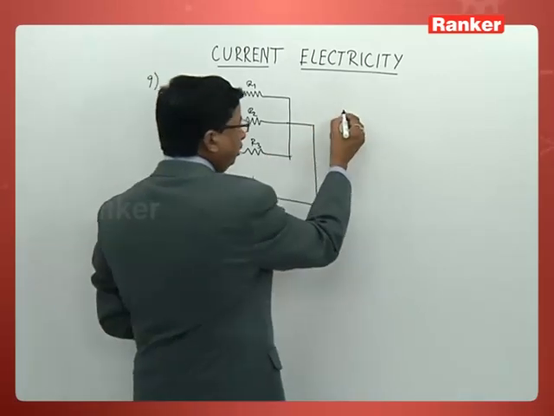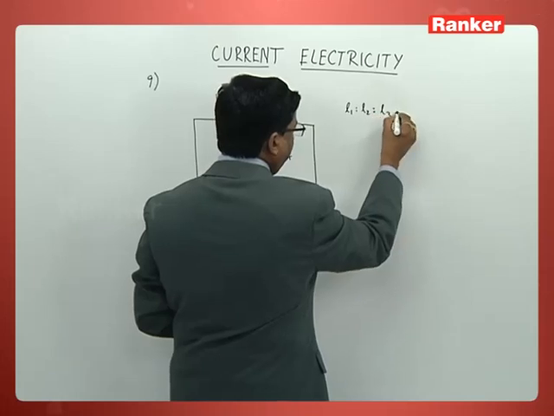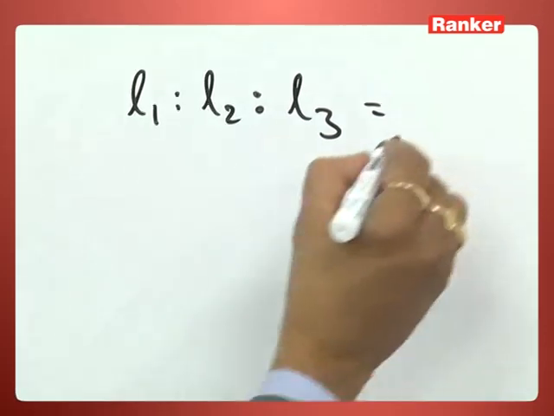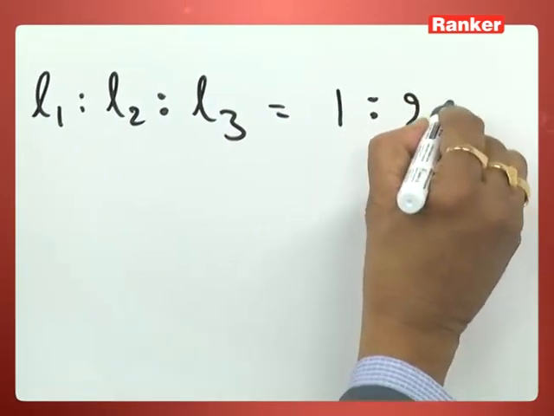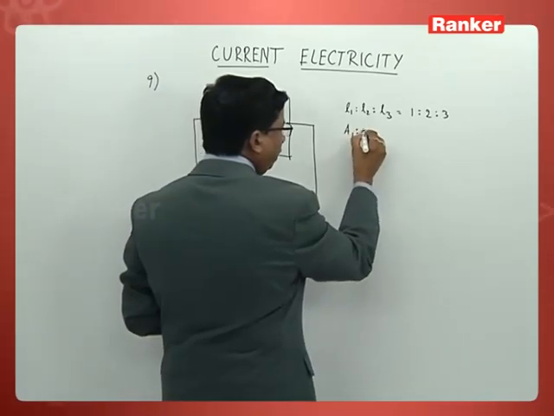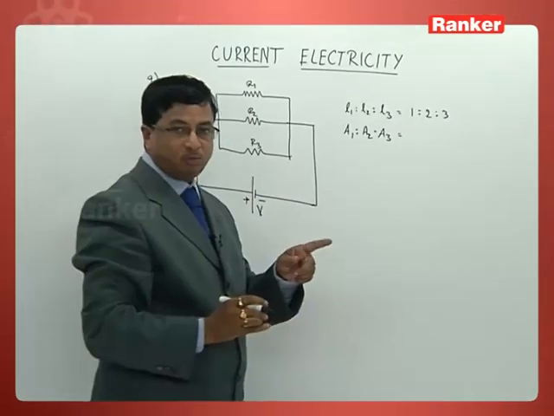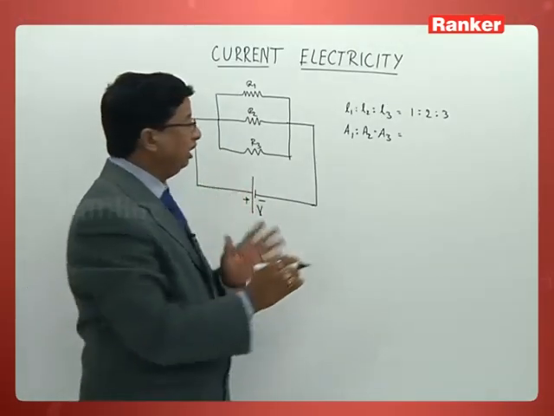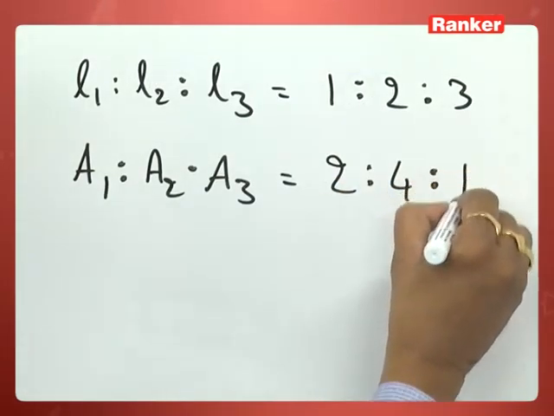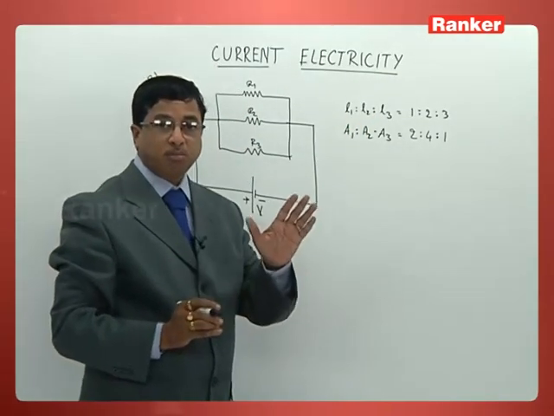What he has mentioned, the length ratio of all the 3 wires, L1:L2:L3, is given as 1:2:3. Likewise, the ratio of areas of cross section, A1:A2:A3, is given as 2:4:1. That is the ratio mentioned there.